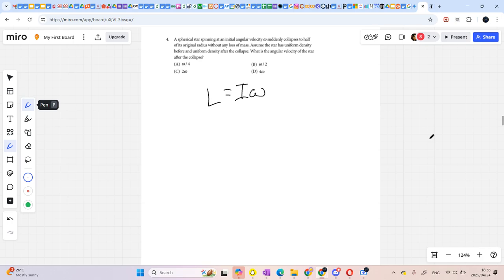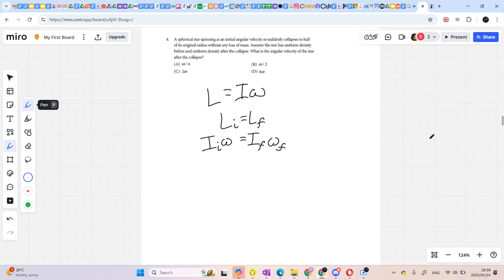So the initial angular momentum will equal the final angular momentum before and after the collapse. And then we can expand this. The initial angular momentum is just I times omega.